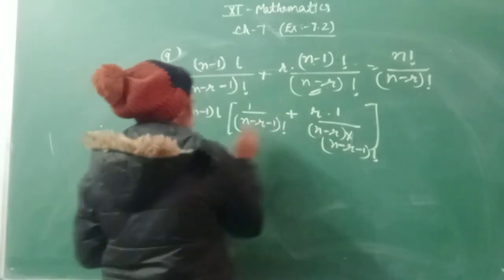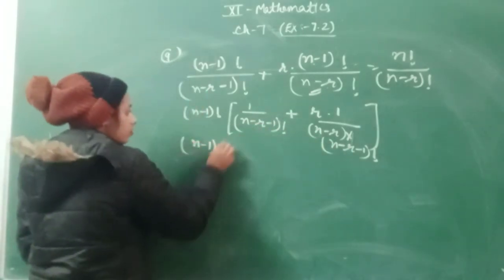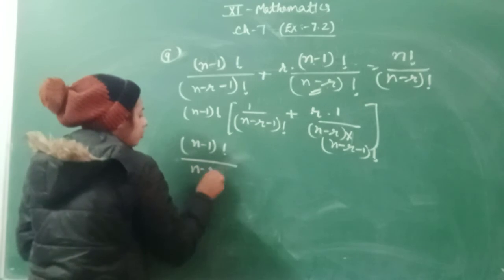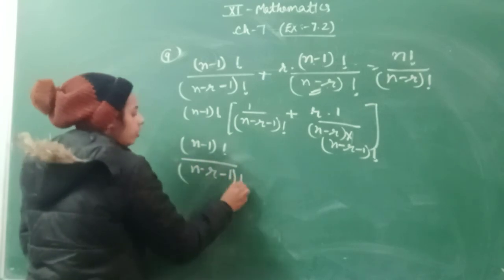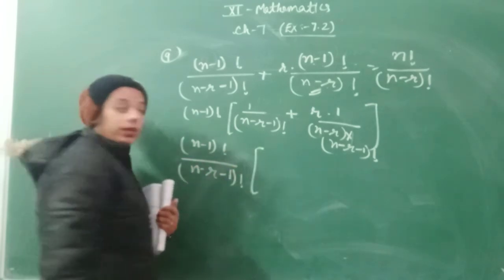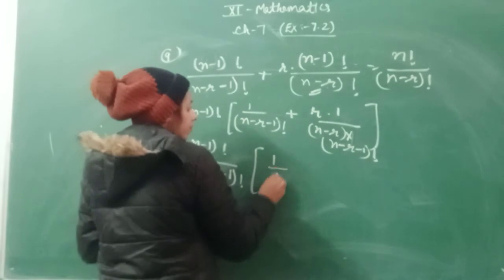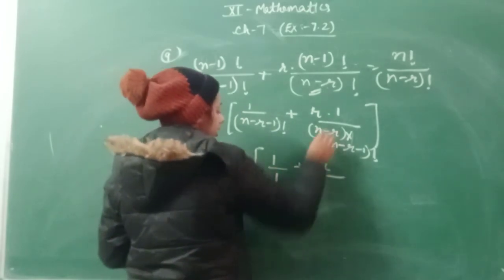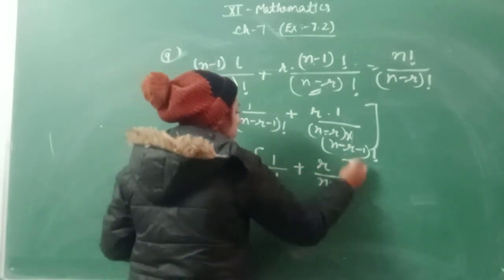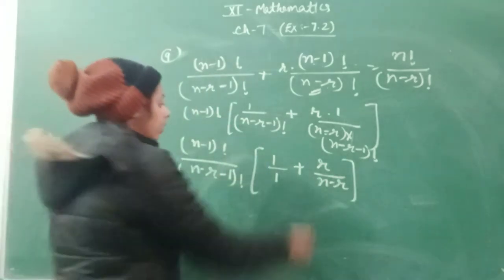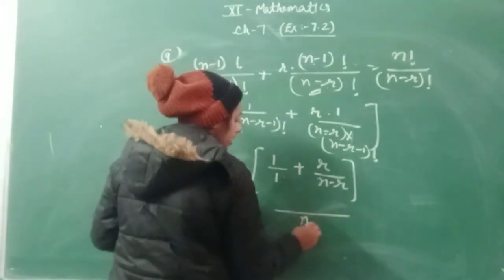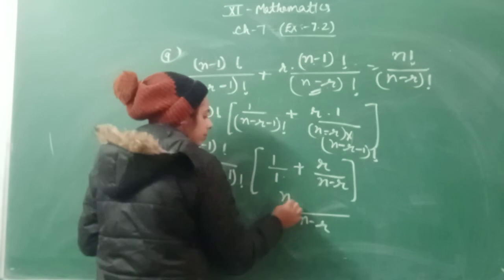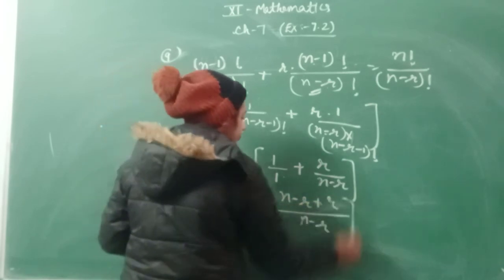So I will take this common also, that n minus 1 factorial, and in the denominator I take common n minus r minus 1 factorial. Then what I have in the bracket is 1 plus r by n minus r. Now you have to take the LCM, n minus r. Now I have n minus r plus r there.